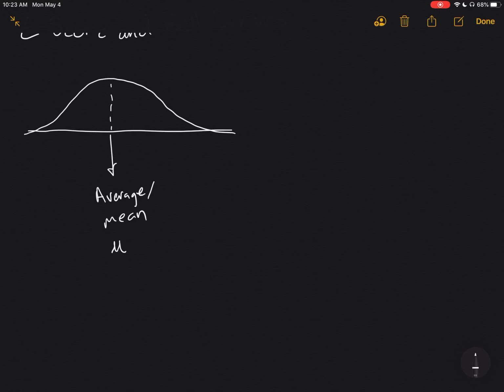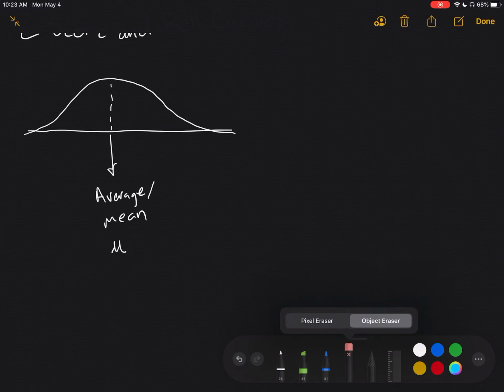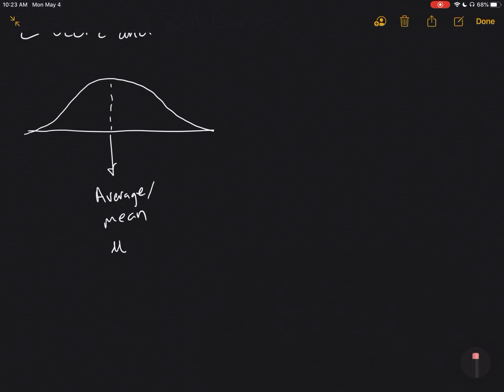The idea here is that we're looking at how close values are to the average. The tool that we use to do that is called a z-score. The second piece of what we need for the z-score is what we'll call the standard deviation. The standard deviation is just a number that allows us to talk about how close or far we are to the mean.